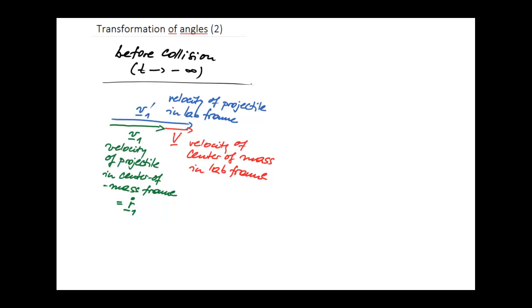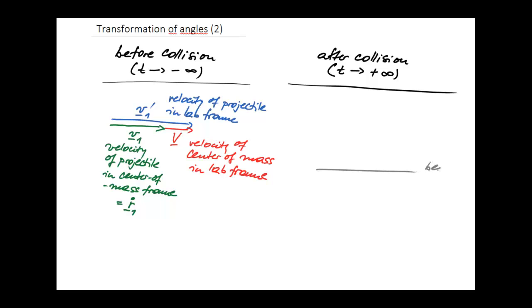What's the situation after the collision? Long after the collision, so with time going to plus infinity. Let me indicate here the beam axis. It must still be true that the velocity vector of the projectile viewed in the lab frame is the sum of the velocity vector viewed in the center of mass frame plus the velocity of the center of mass in the lab frame.